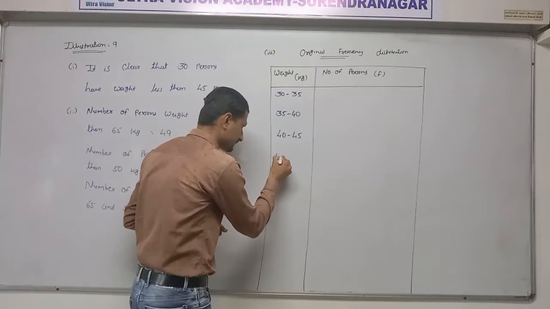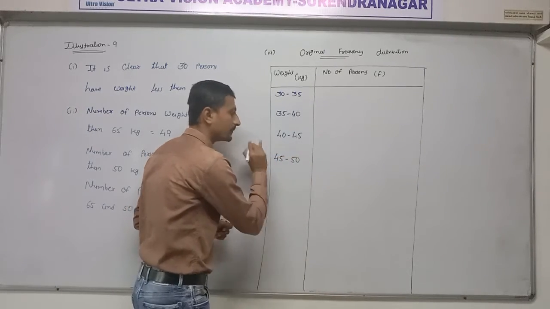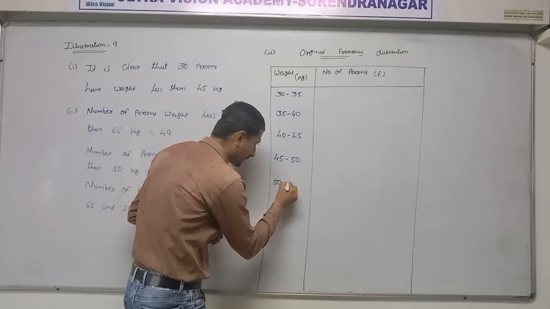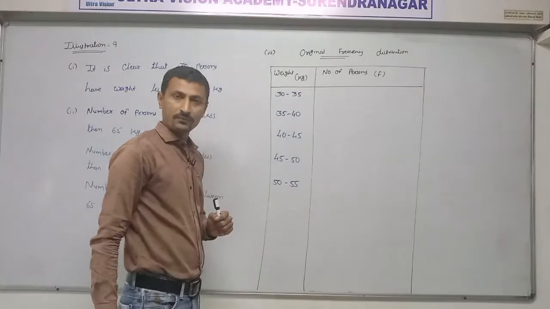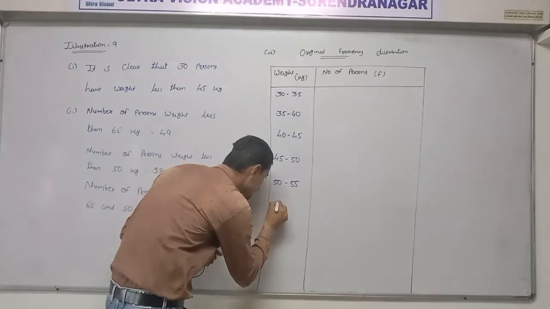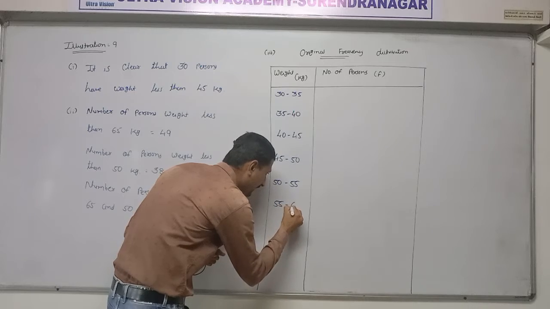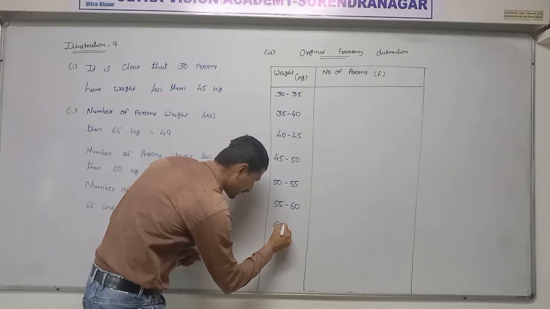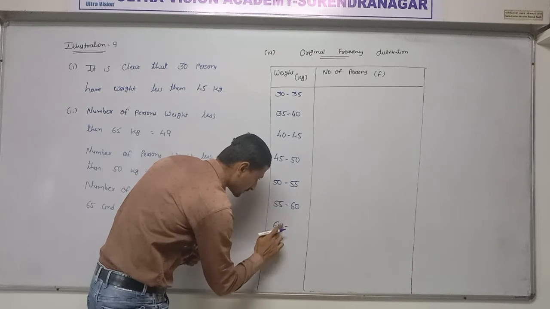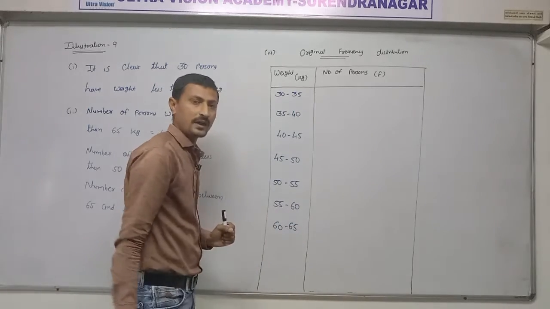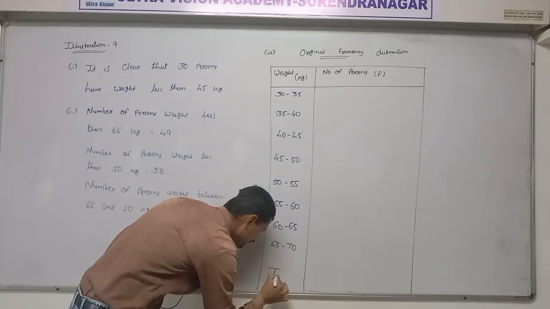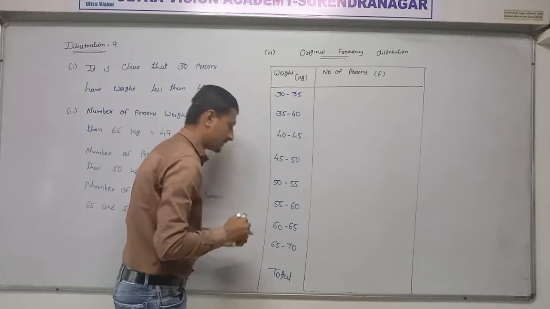Next class 45 to 50. Next 50 to 55. Next class 55 to 60. Next 60 to 65. And the last class 65 to 70. And total.